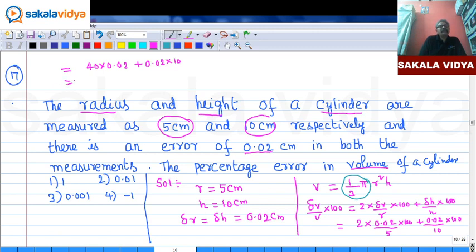Now this will be 0.8 plus this will be 0.2. 0.8 plus 0.2 will be 1. So 1%. That means the first option is the right option.